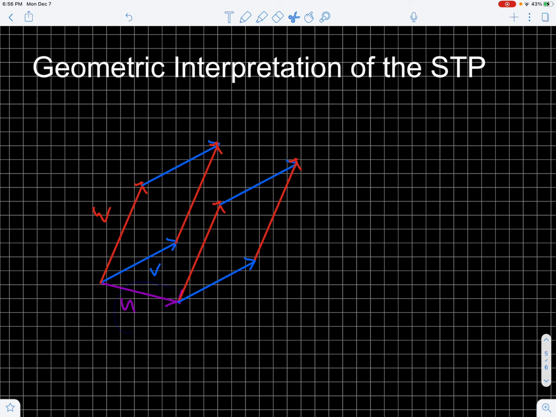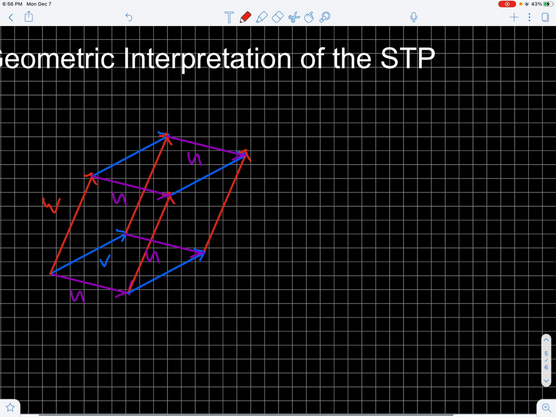How is that useful to us? Well, I don't imagine that you guys will have to take the volumes of very many parallelepipeds, but you'll probably have to take the volume of a couple. But the main use of this is that if we know that u dot v cross w, the parallelepiped, I switched up my lettering. Sorry, guys.